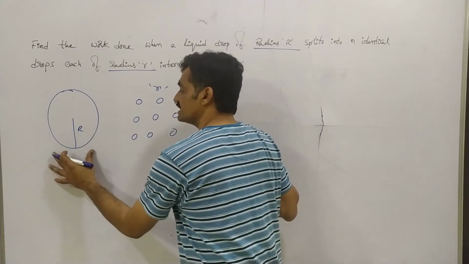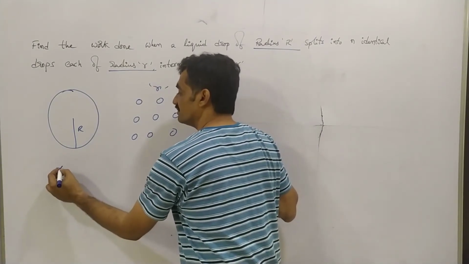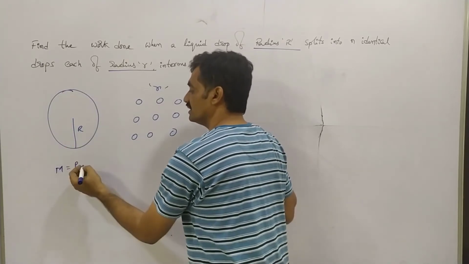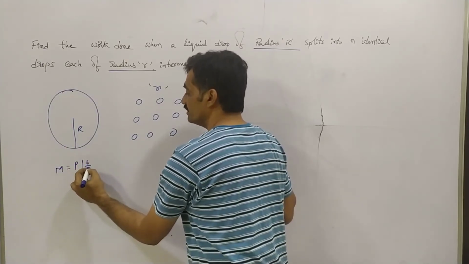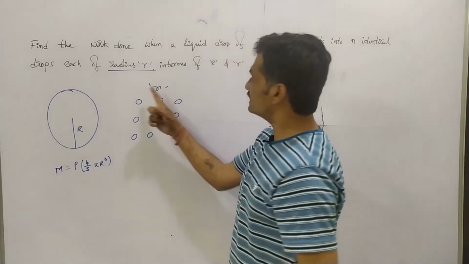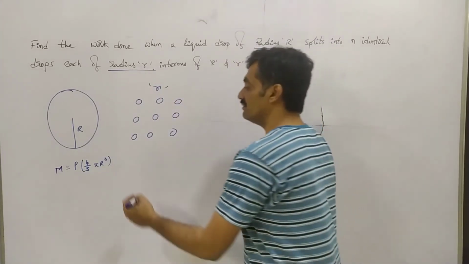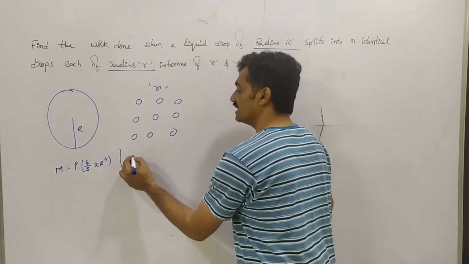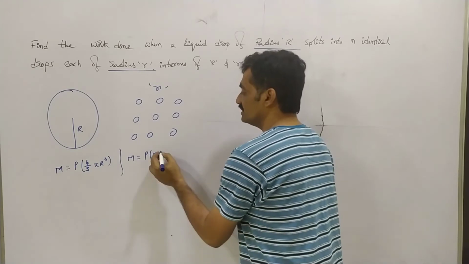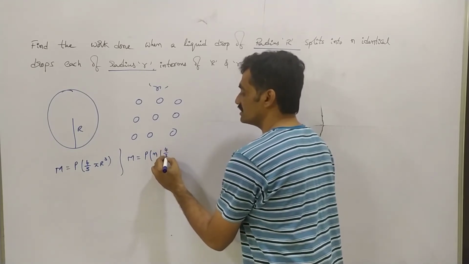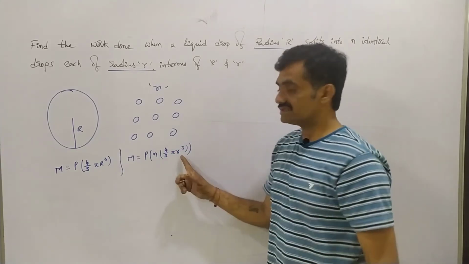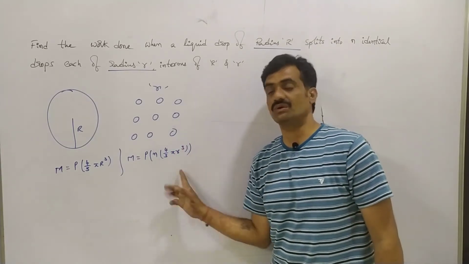So here when we consider the mass of this drop, it can be represented as density into volume of this drop, nothing but 4 by 3 pi R cube. When we consider these identical drops, the mass in this case can be given as rho into n number of drops into volume of each drop 4 by 3 pi r cube, where r is the radius of each drop.